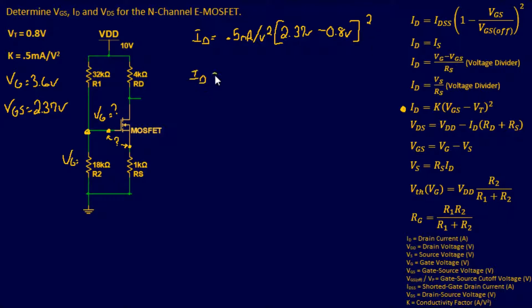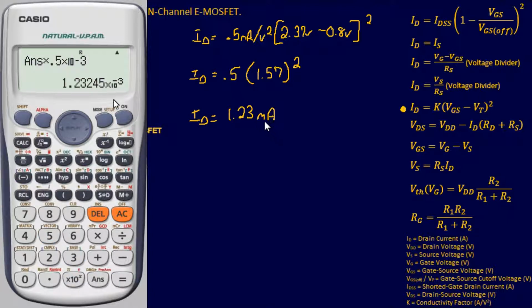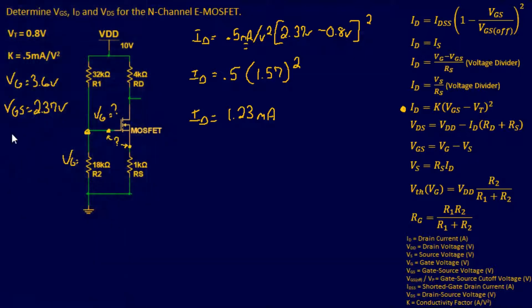So that means your drain current equals 0.5, and this is going to be 2.37 minus 0.8, 1.57, and then we're going to square that and multiply it times 0.5, which means our drain current is going to be 1.23 milliamps. And it's milliamps because of that right there. So now we're able to find our drain current just by plugging and chugging our equation and finding those parameters. So put that guy over here, 1.23 milliamps.